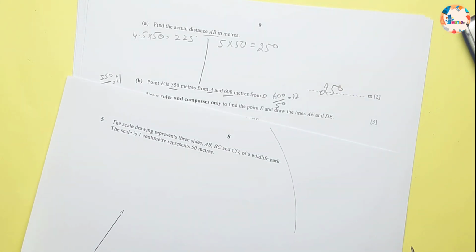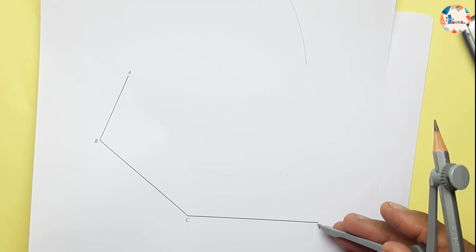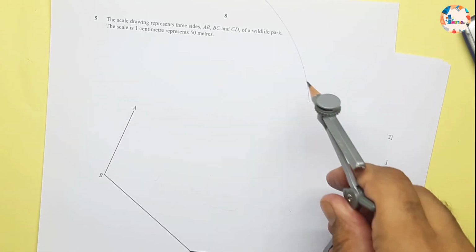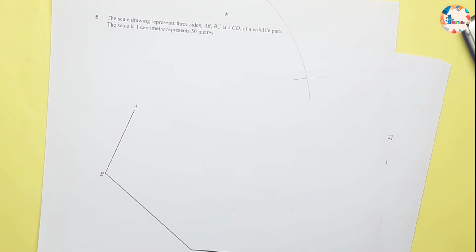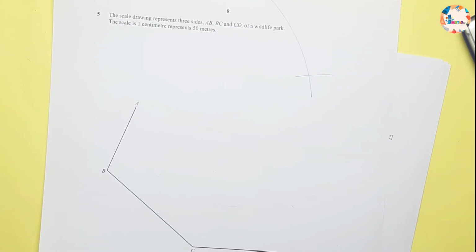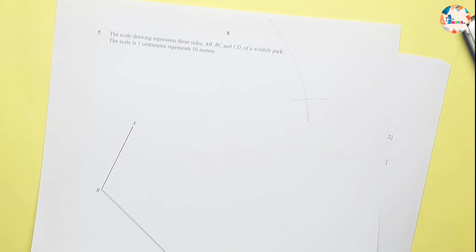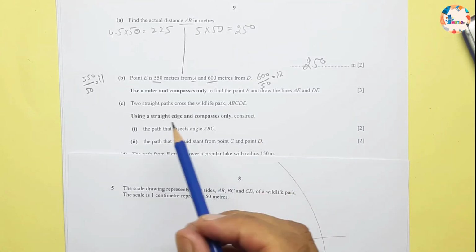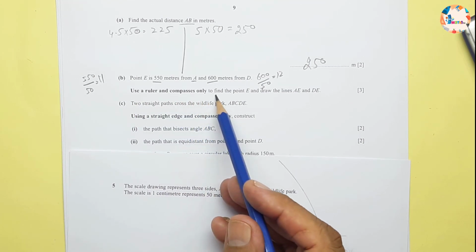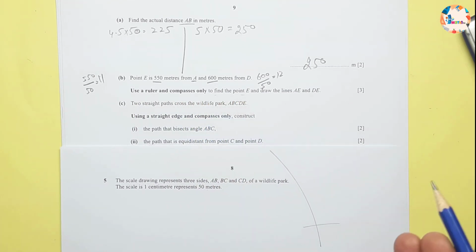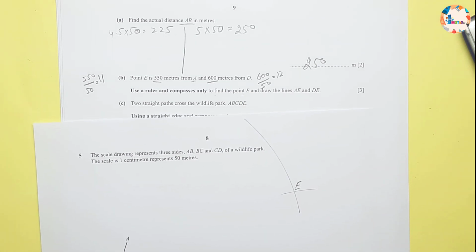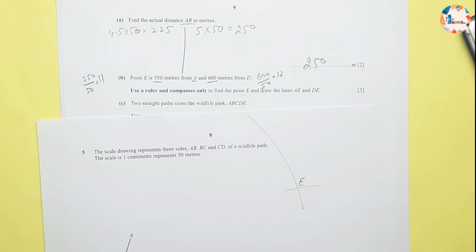Now what we will do, we will keep the compass at D and make an arc over here. So this is the location which we got. Hopefully you understood everything. Now they are saying use your ruler and compass only to find the point E. This is our point E which we found, and draw the lines AE and DE.